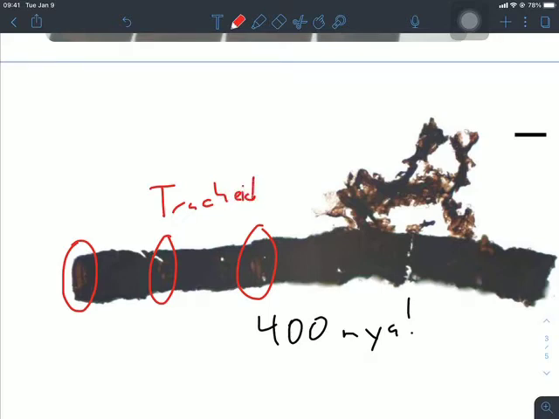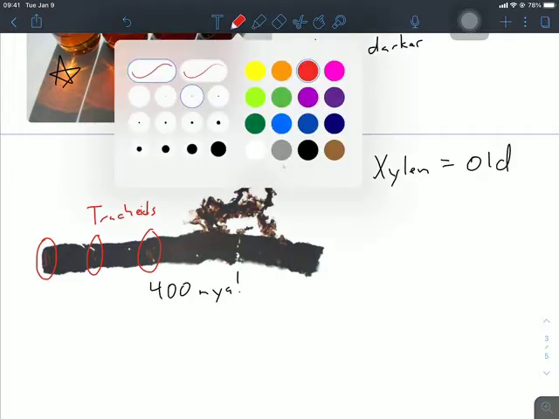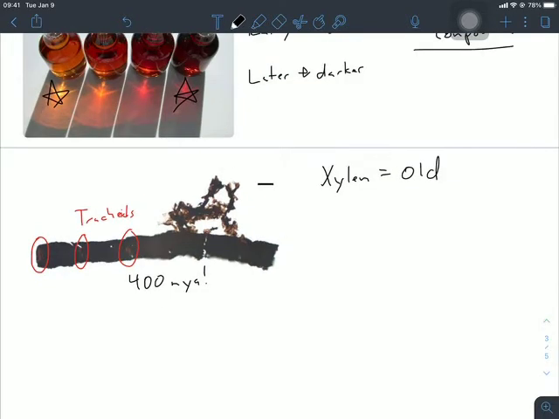Hopefully at some point in this class, you'll have the opportunity to visualize tracheids underneath the microscope by your own squash prep. You can separate those rings and create a springy-like appearance to the tracheid that we can see in fossils as old as 400 million years ago.